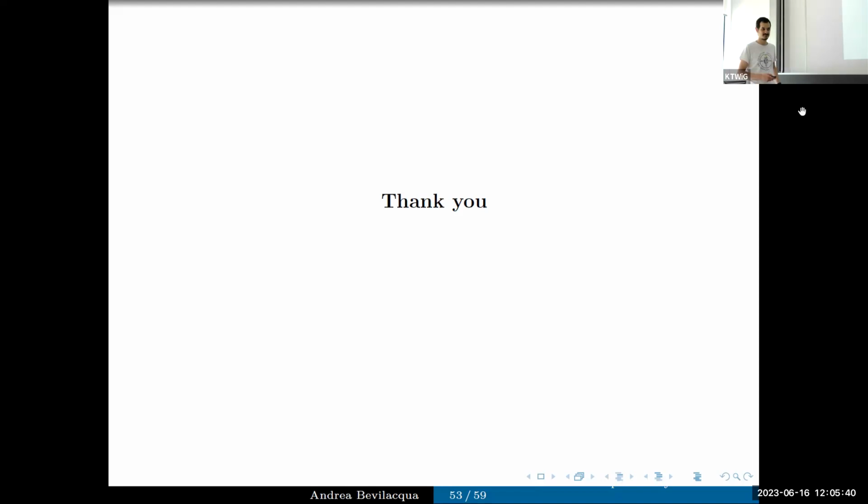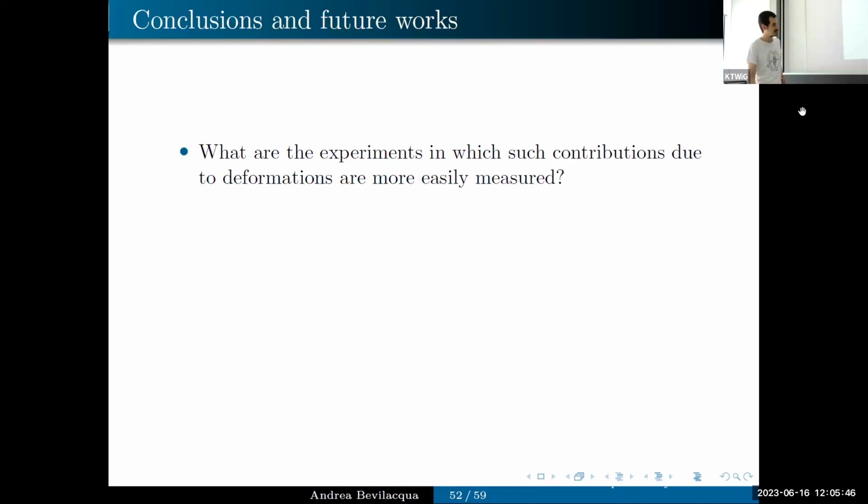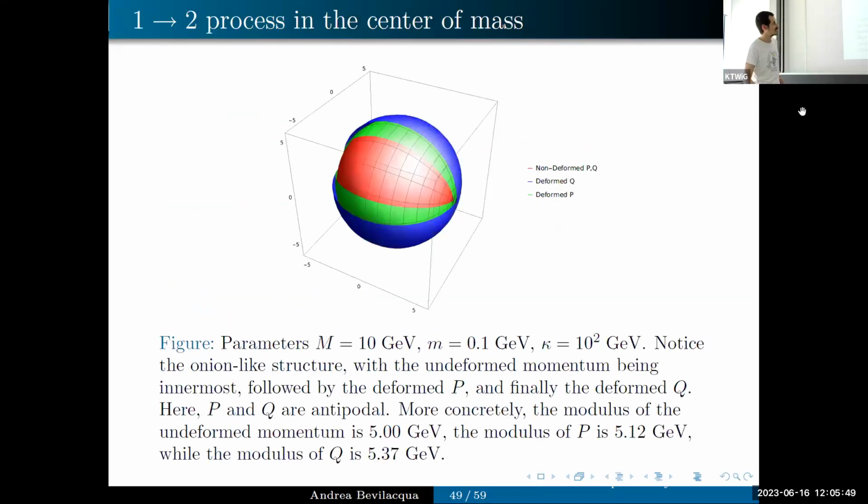So what's really happening? First of all, I don't understand the graph. You said that's the onion-like thing. The onion-like thing is basically, imagine at the center of this onion there is the decaying particle. You have one particle at the center of this sphere, and then it decays into two particles.